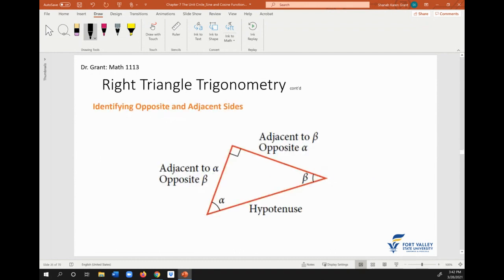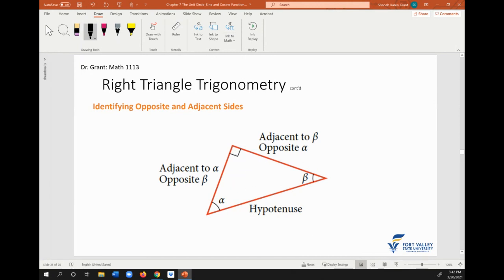So just to help us understand opposite and adjacent, because there are some people who have a little hard time figuring out what is adjacent and what is opposite. Basically, again, your hypotenuse is fixed, right?